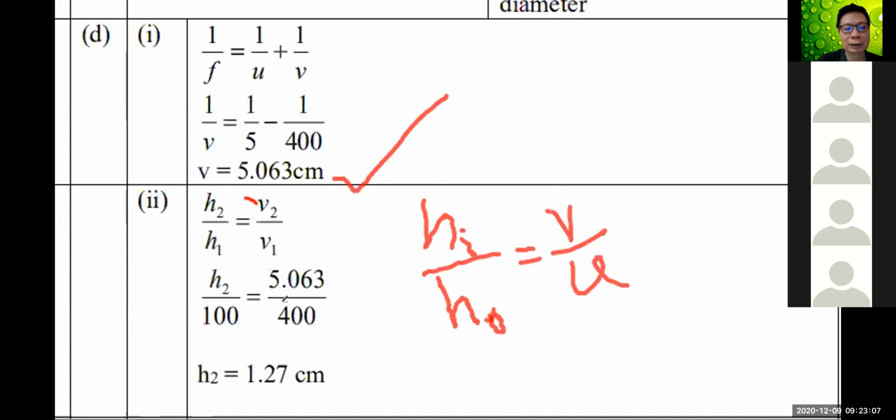This is 100. This is 5.063. This is 400. Okay, check this answer. 1.27. Yes, it's correct.